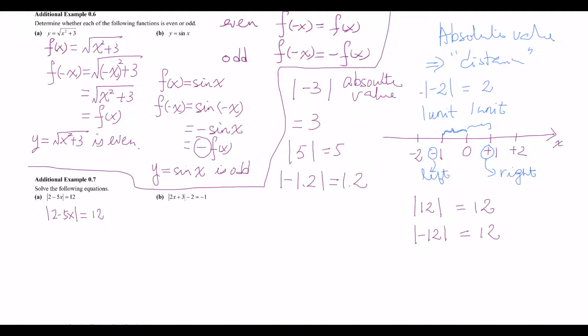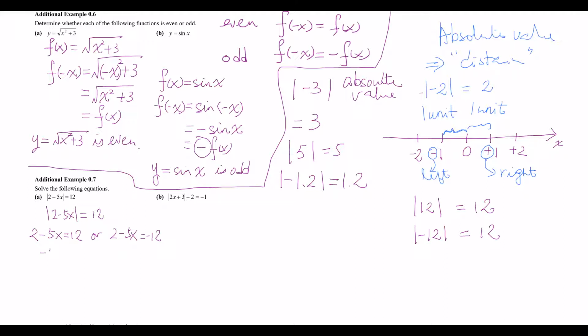Therefore, it means there are two possibilities for the value of 2 minus 5x. 2 minus 5x can be equal to 12, or 2 minus 5x is minus 12. Therefore we have two possibilities, and then we solve these two equations one by one.